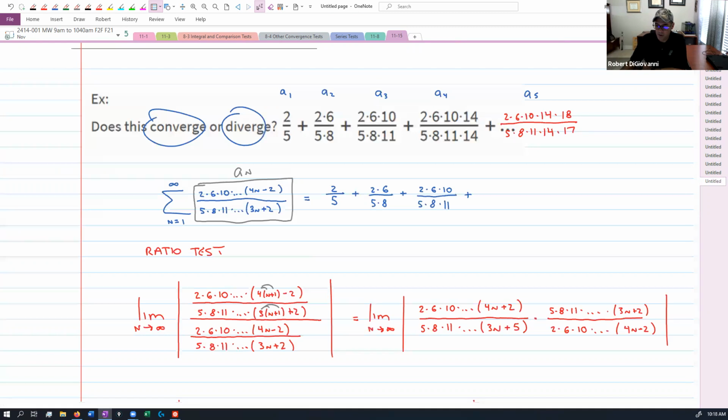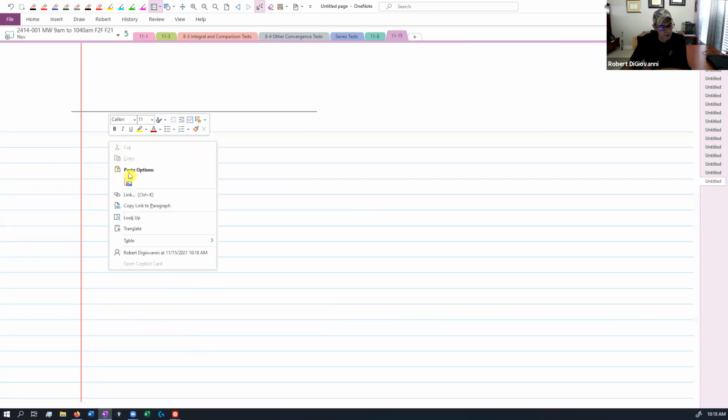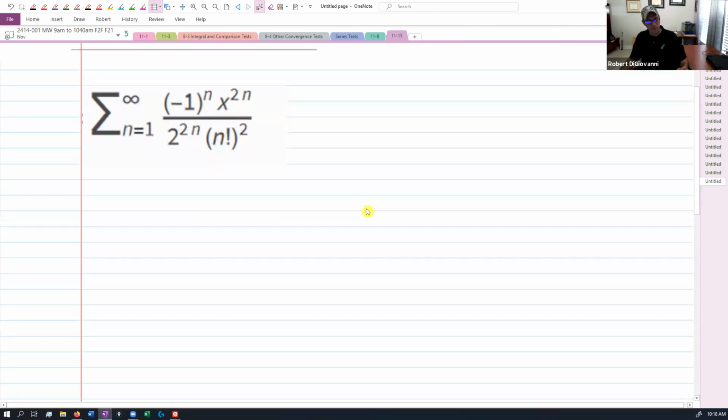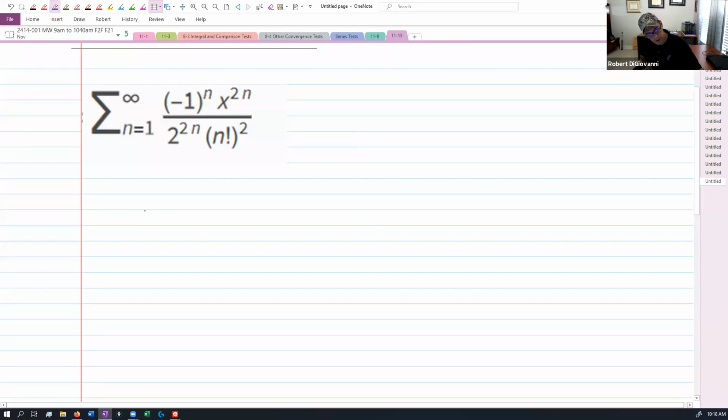Okay, here's what I want you to do. Don't write this down yet. Okay, here's the one I want you to do. I want you to look at this series, sum n equals 1 to infinity of -1 to the n over 2 to the 2n times n factorial squared.